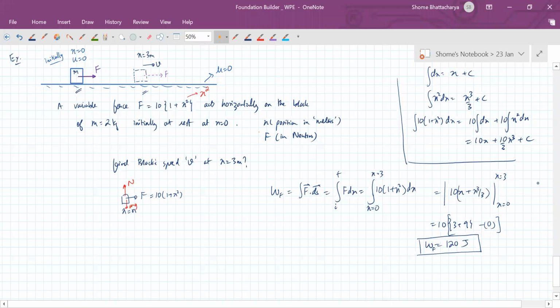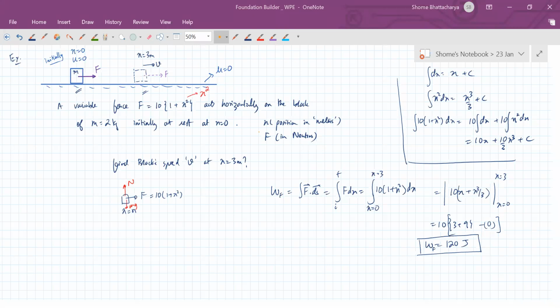This is why we have taken 10 common. Okay. Is the calculation clear? Okay. Yeah. Kunj, your answer is correct for the speed finally.